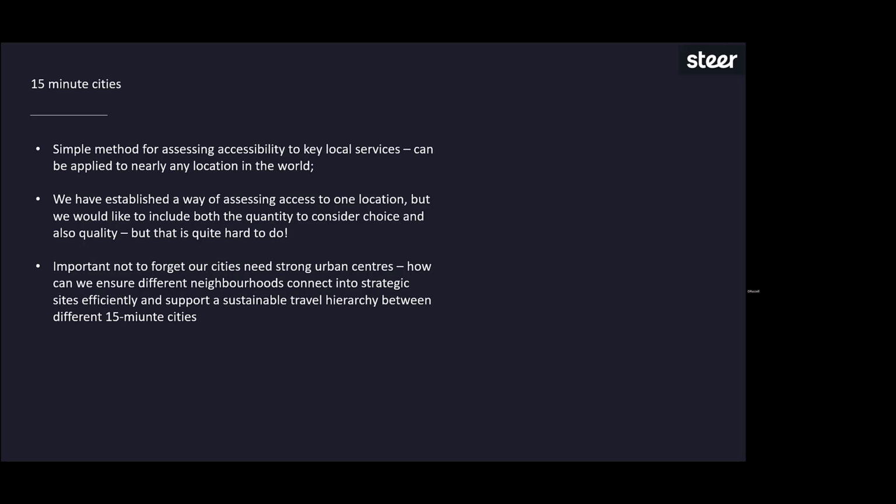So although we have used Ordnance Survey open data or some government statistics for some of the services that we assessed, we can sub that data out for OpenStreetMap data, or if a client has anything more definitive, we can sub that out and use that quite quickly. And we have actually applied this approach to a number of other cities across the UK, including Glasgow, Southend, Manchester and Bristol.